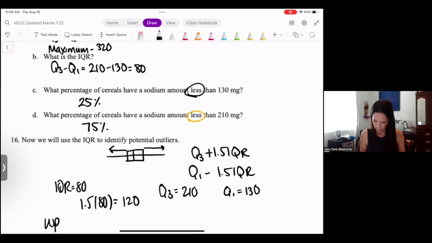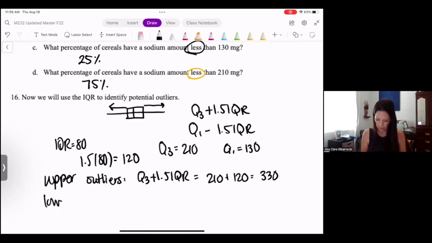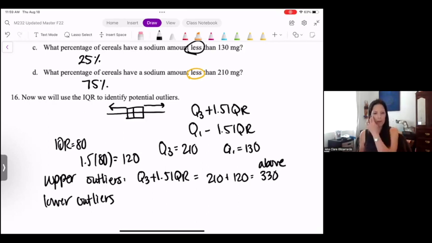So our upper fence would be Q3 plus 1.5 times the IQR, which is 210 plus 120, or 330. And so above 330 would be an upper outlier.